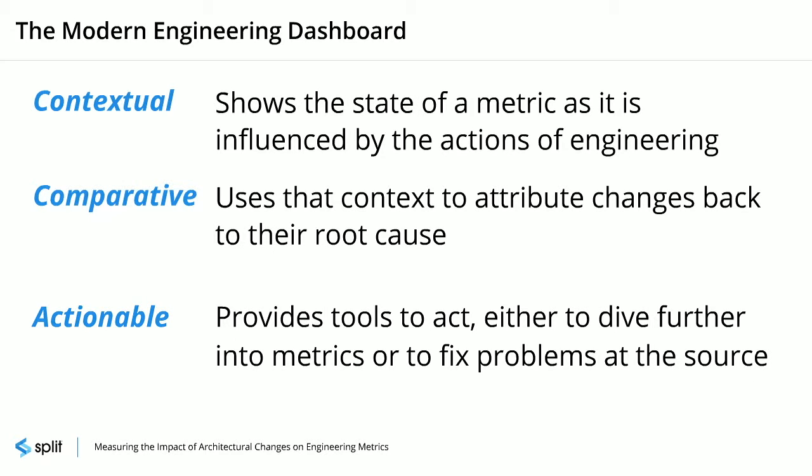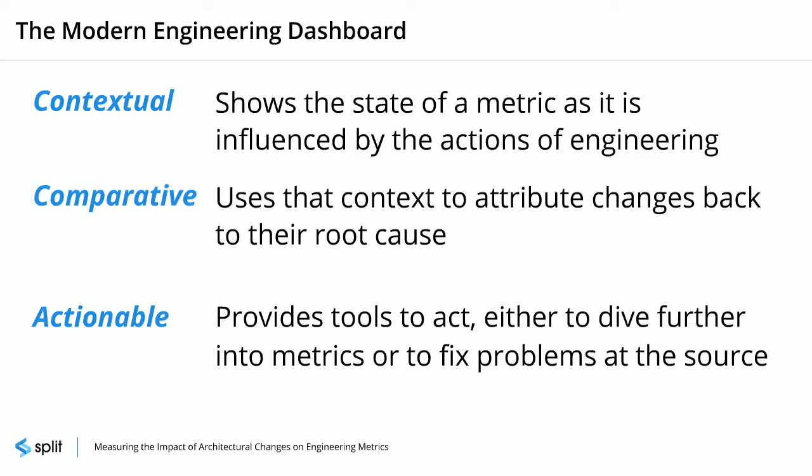The ideal modern engineering dashboard is able to show context. It's able to show the states of these metrics as they are influenced by the actions of engineering, by code changes that are happening, by code deploys that are happening, or by the rollout of a feature to more and more users. Ideally, they're comparative.